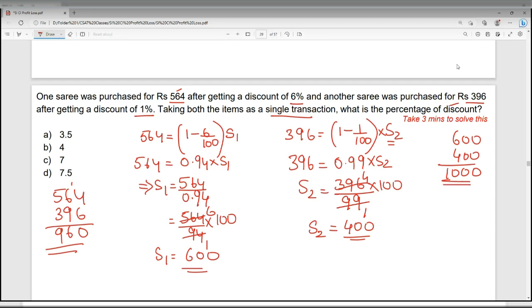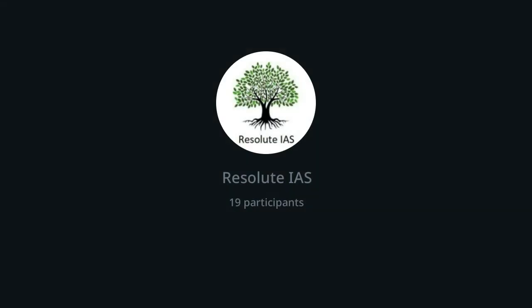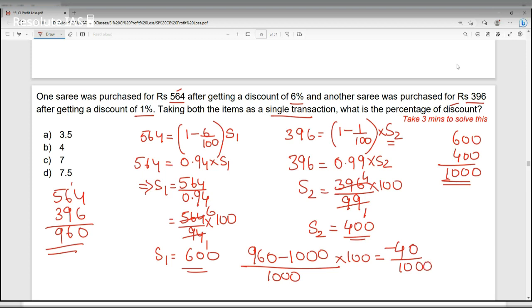So he had got a discount of 960 minus 1000, this was the selling price, divided by 1000 into 100. This is equal to minus 40 by 1000 into 100. This is minus 4%, that is 4% discount. The correct answer is option B. I hope you have understood this. If you have any doubt, please ask.